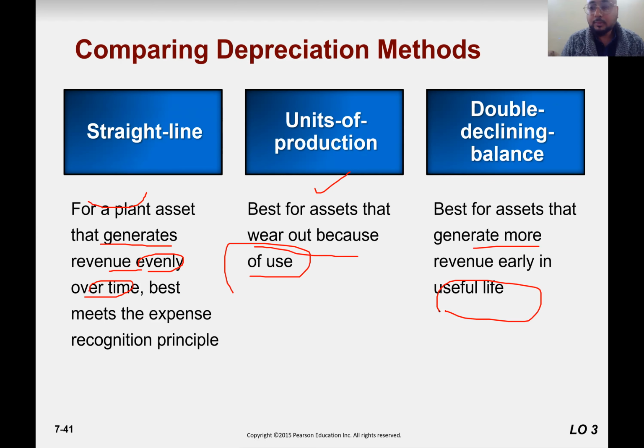So for all those new technology related plant machinery, the managers or accountants charge those plant assets with the double declining depreciation method. Okay, because every year new technology comes and they become obsolete rapidly, so they want to charge maximum depreciation, or double declining method, to those technological advancement equipments.